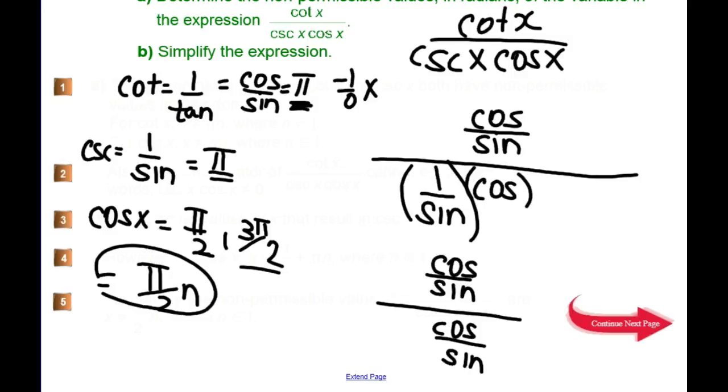So now we have cos over sine divided by cos over sine. And what is that? It's 1, because 4 divided by 4 is 1. Cos over sine divided by cos over sine is 1.